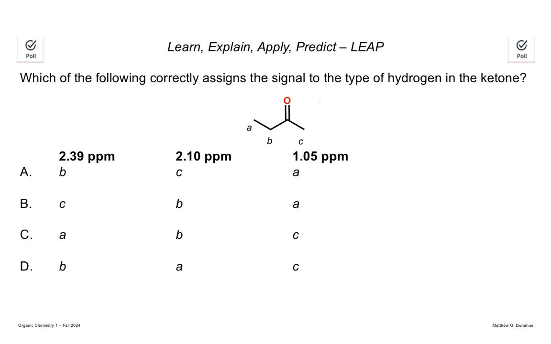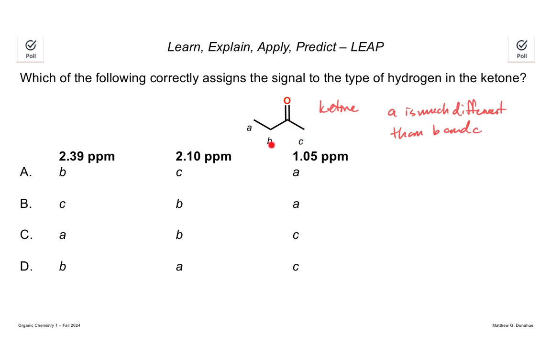So the ketone has A, B, and C. And I think we said last time that A is much different than B and C. And the reason for that is B and C are both bonded to that carbonyl, right?